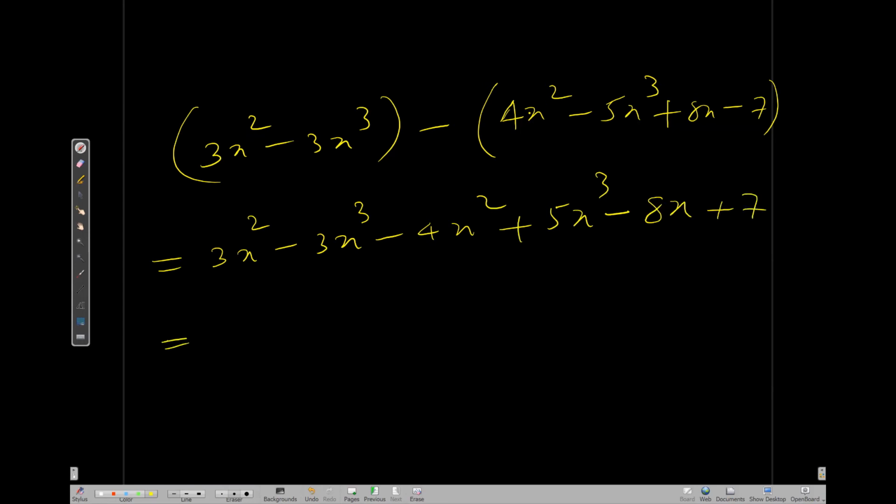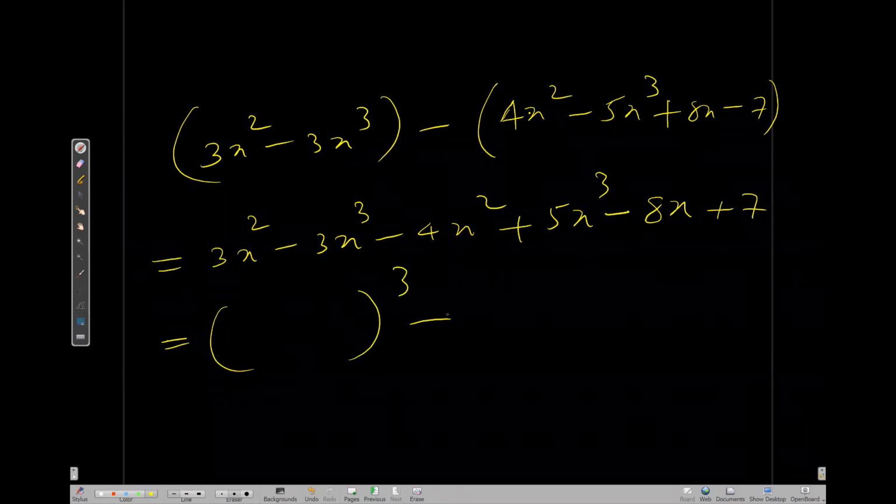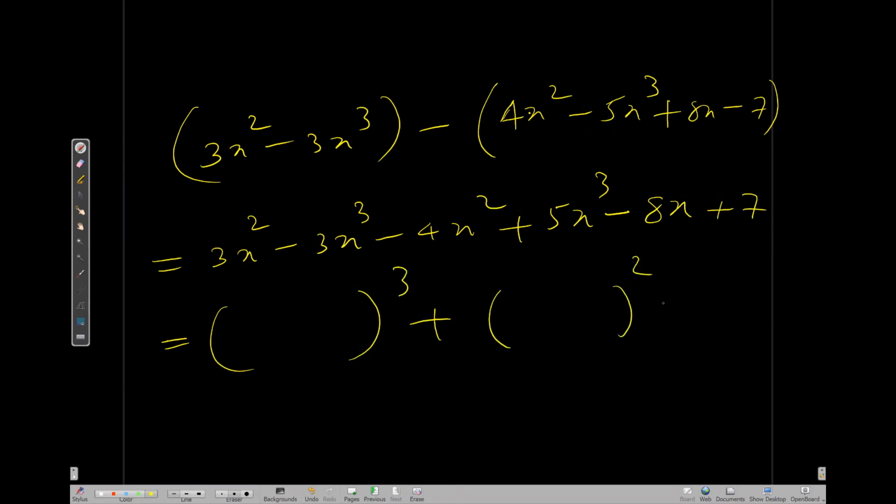Now combine the like terms. Go with the highest term, third power. See, this is another way of doing it. Second power, first power, and then constants.